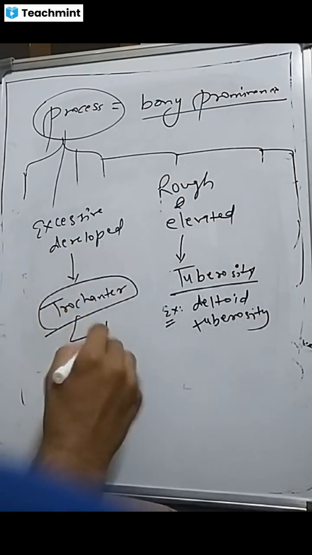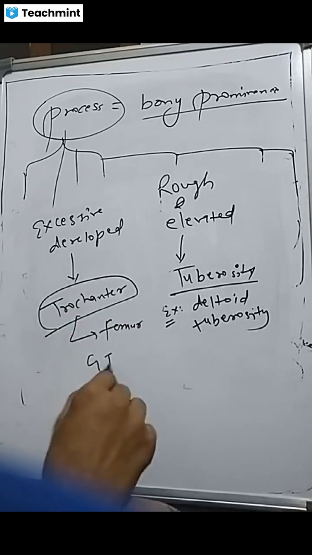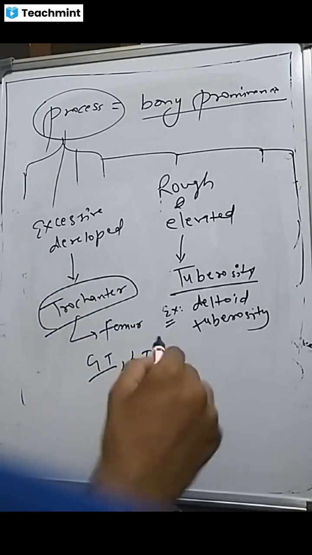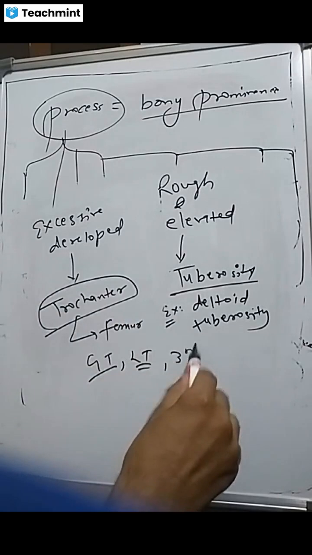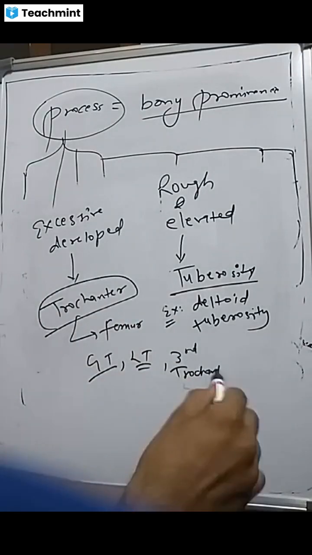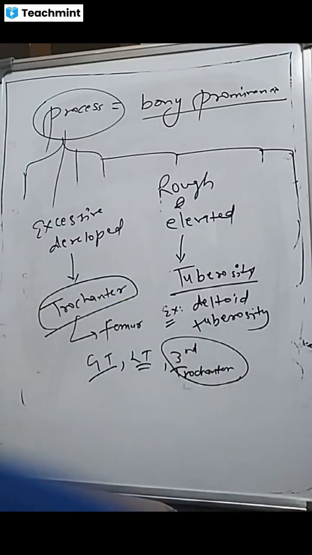Two types of trochanter: greater trochanter, lesser trochanter, and third trochanter. So these are the processes.